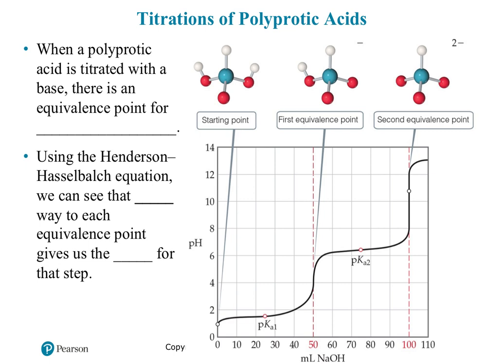One last thing is titrations of polyprotic acids. So when we have more than one proton available, when we do a titration, we're going to titrate one proton at a time. So there's going to be an equivalence point for each dissociation or each proton.